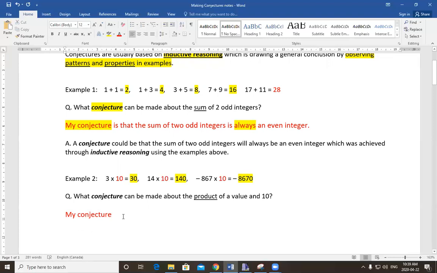So my conjecture is that the product of a value and 10 always has an extra 0 added to the ones position. And there's different ways we could state it, but that's kind of what it is.